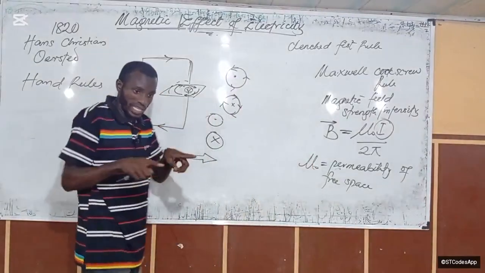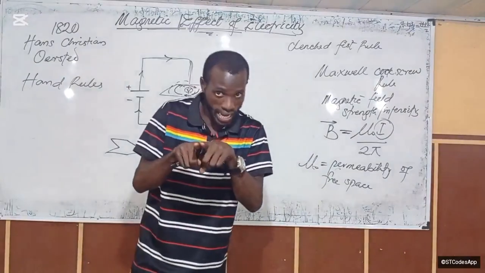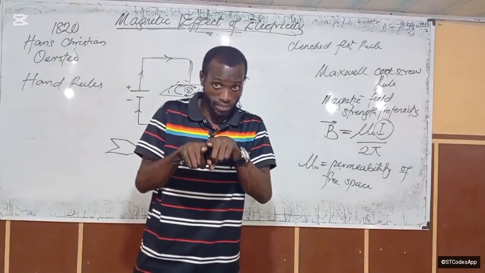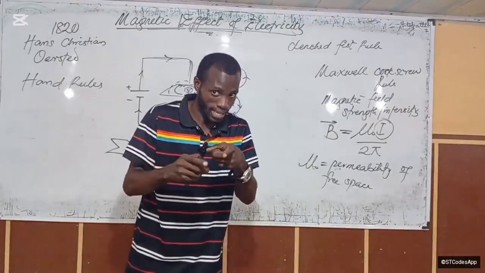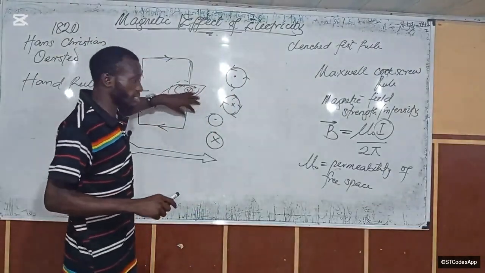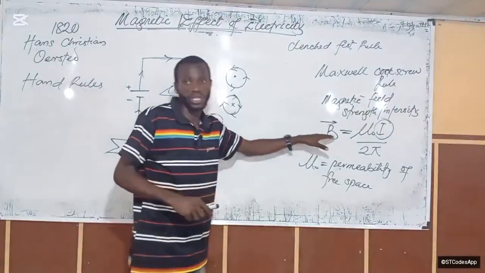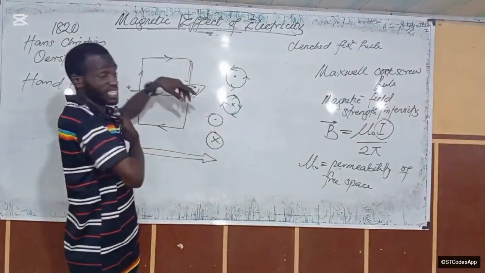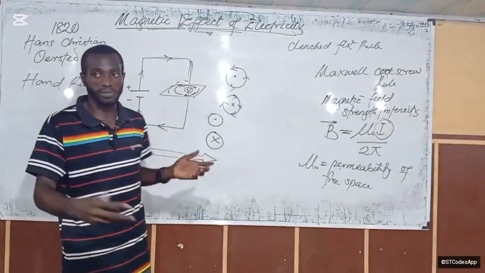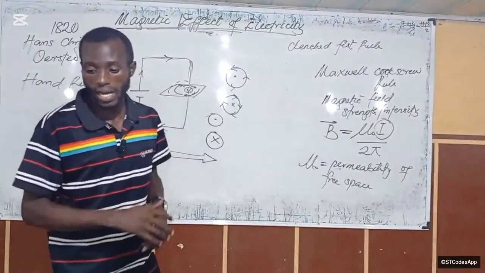And the closer together they are, the higher the strength, or the higher the density. So the closer you are to the wire, the higher the magnetic force felt due to the field. The farther away from the wire you are, the lower the force felt.